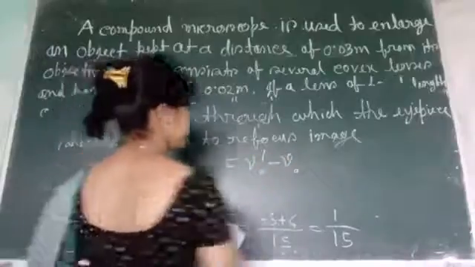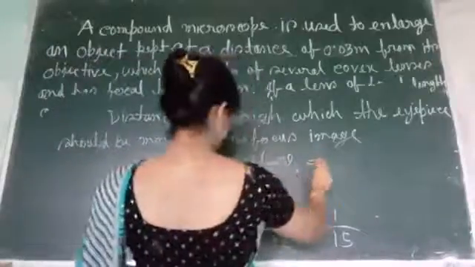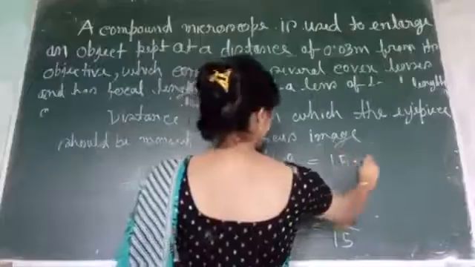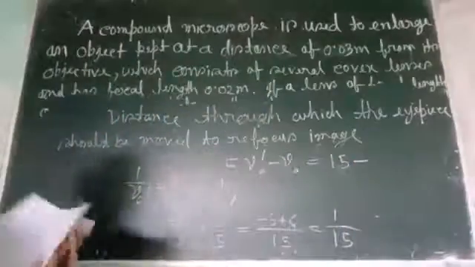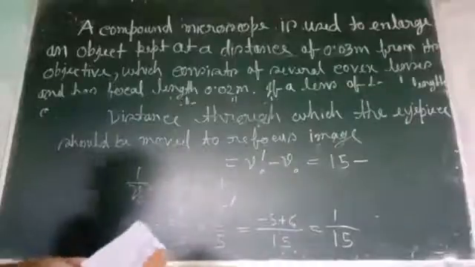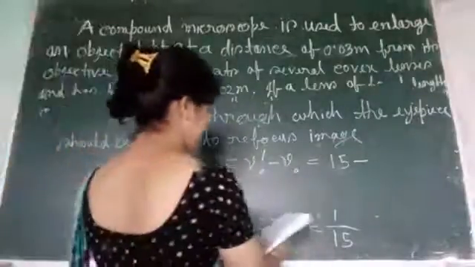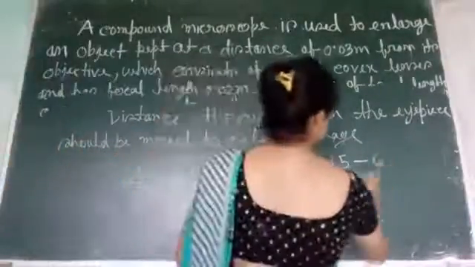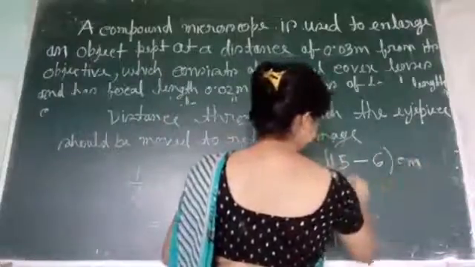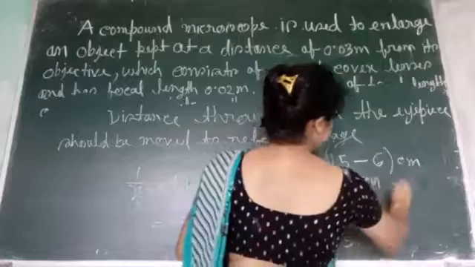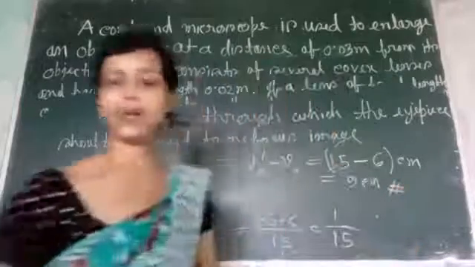So what is the result actually? V naught dash we have already got as 15, and V naught we have already calculated. So this result is 6. So it will be equal to 9 centimeter. So this is the final result.